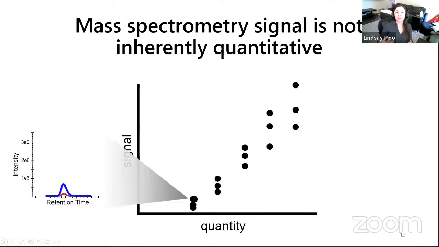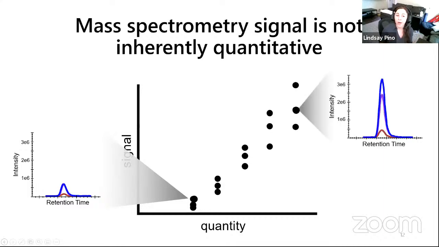Typically when we're doing DIA mass spectrometry, that signal is an MS2 chromatogram. So if we have a small quantity, small signal, we have a small peak area. When it's a higher quantity, a higher signal, we should have a larger peak area. But at some point, even though the quantity decreases, there is no change in signal.